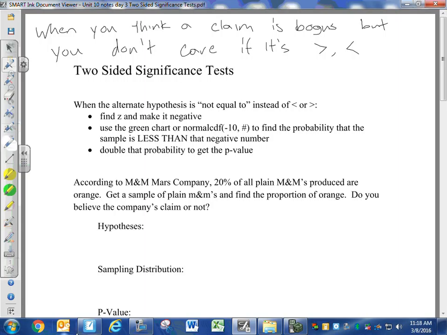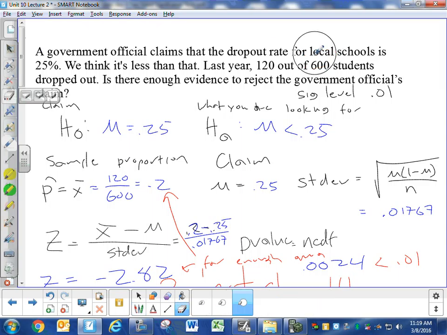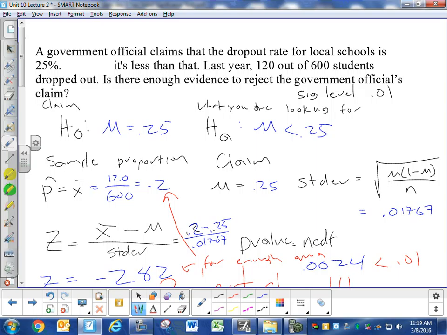Okay? Let's go back to the examples we did at the beginning of class. A government official claims that the dropout rate for local schools is 25%. We then said we think it's less than that. That's why our alternative hypothesis was that it's going to be less than 0.25. The question will change to, we don't think that's true.